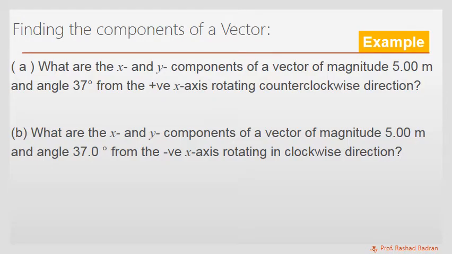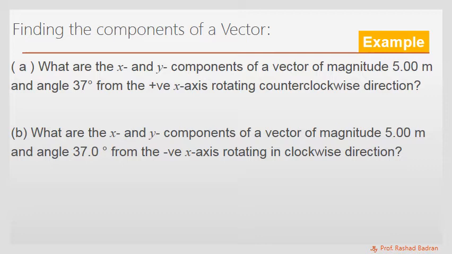This example is an application for finding the components of a vector. In part A, we are asked to find the x and y components of a vector of magnitude 5 meters with an angle of 37 degrees with respect to the positive x-axis in the counterclockwise direction.